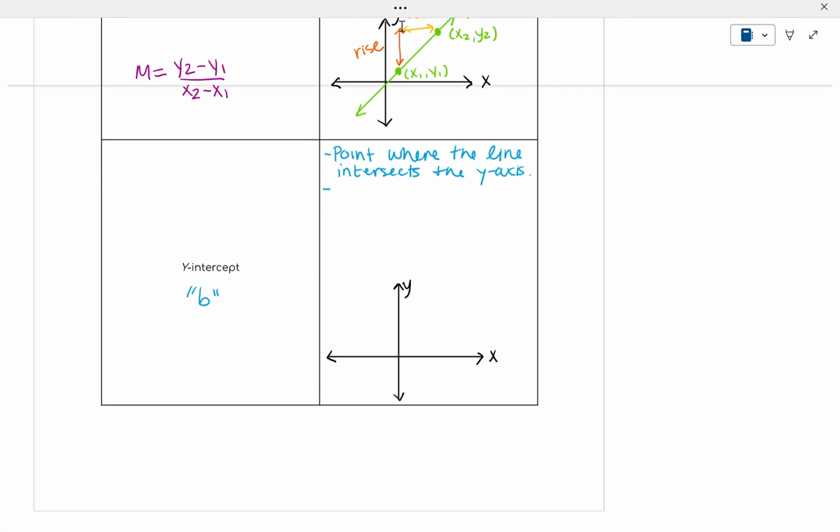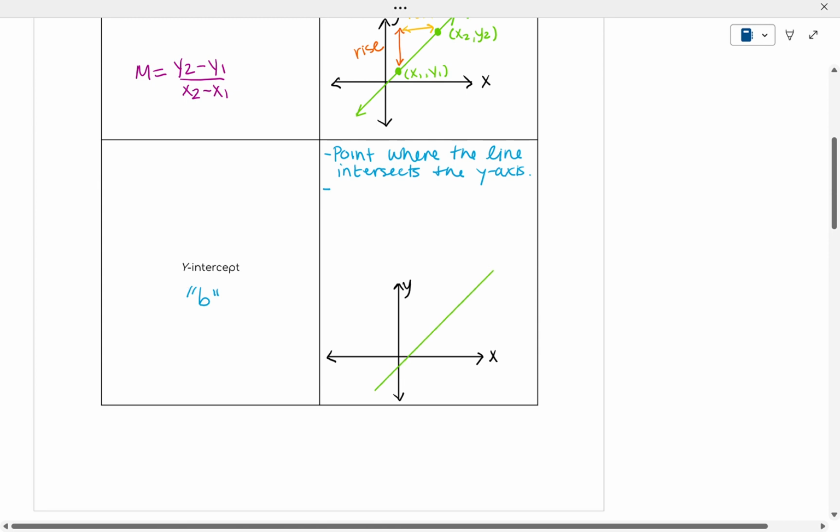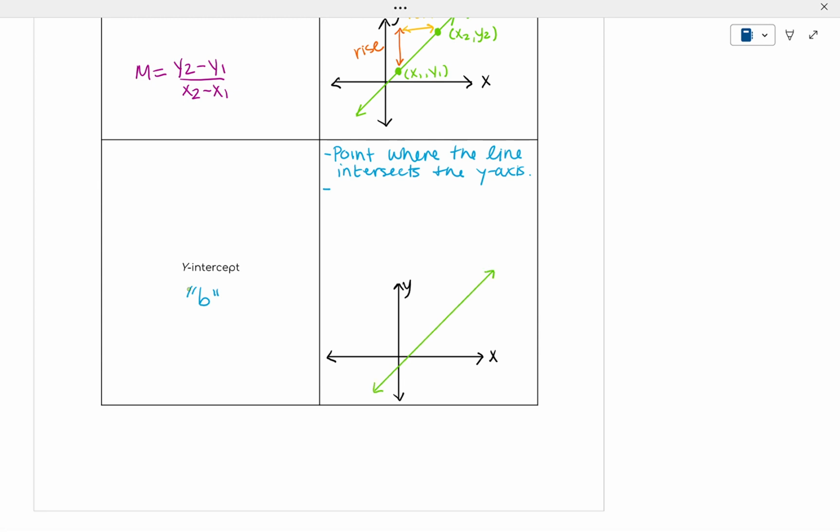So let's see this graphically again as well. So we have this line. Where does it intersect the y-axis? Right here.